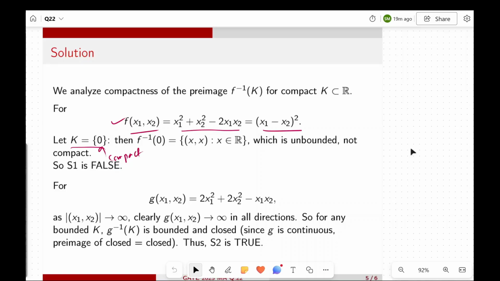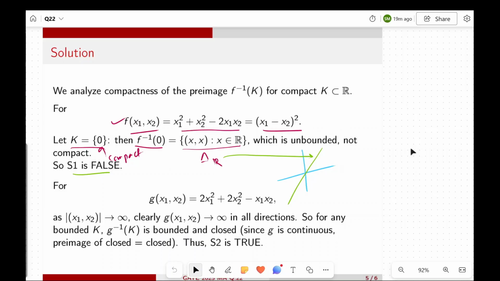The f inverse of 0 is basically the diagonal, which can be written as the diagonal of R. The graph of the diagonal looks like this, and this is clearly unbounded. So the statement S1 is false, because it is not compact, it is unbounded. So statement 1 is false.